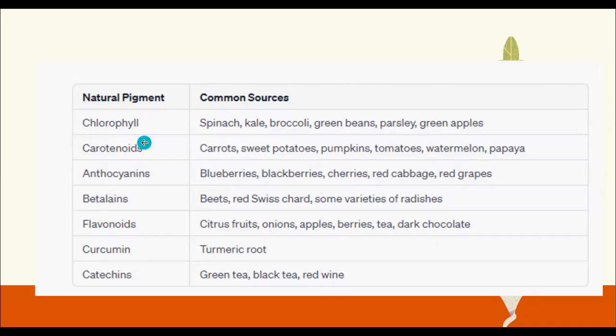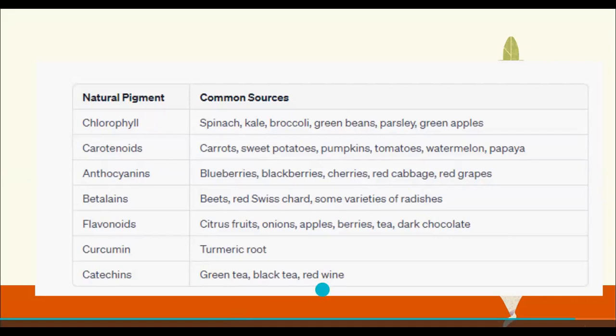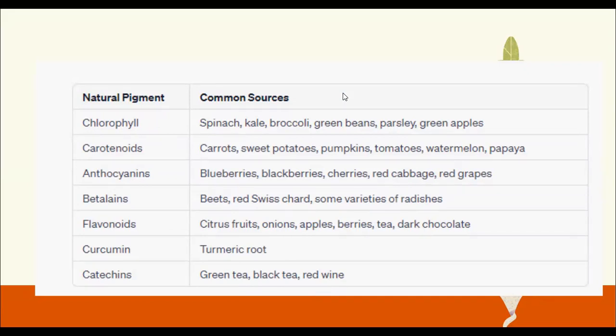So, first pigment is chlorophyll, very famous. We are all familiar with chlorophyll. Chlorophyll, green color. Where is it found? Spinach, all green leafy vegetables: spinach, kale, broccoli, green beans, parsley, green apples, whatever green things, all of them contain chlorophyll.